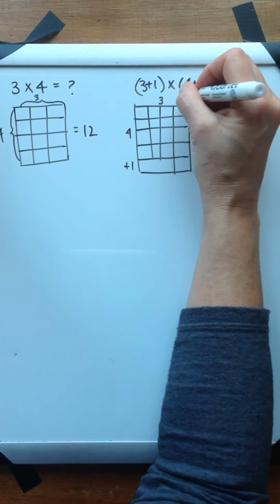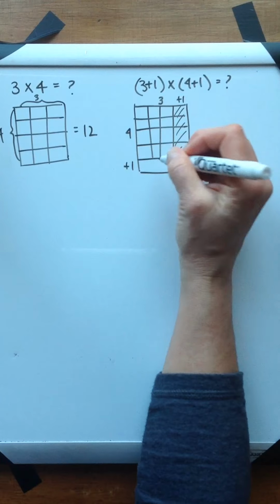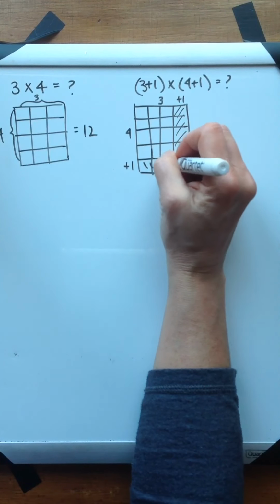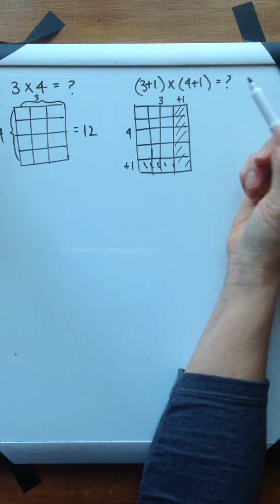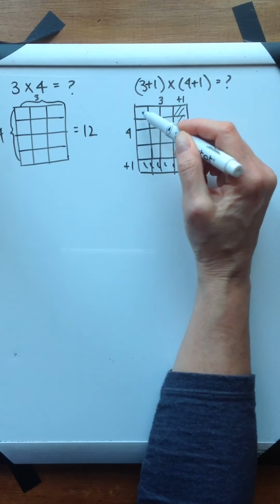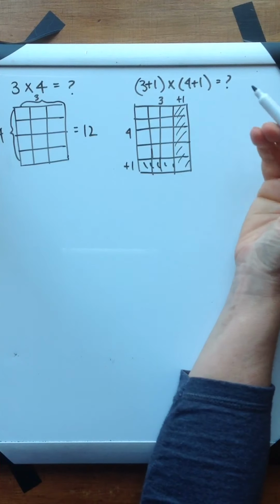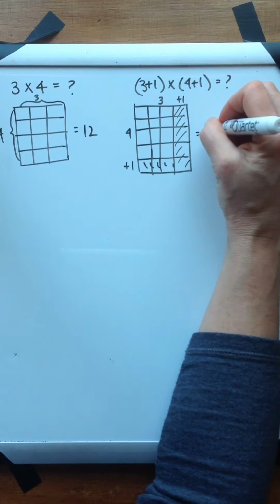So let's add the extra row in here, and let's add the extra row in here. And you would see that 3 plus 1 means I end up having 4 rows up here, and 4 plus 1 means I end up having 5 down here. How many total squares are there? Well, there's 20.